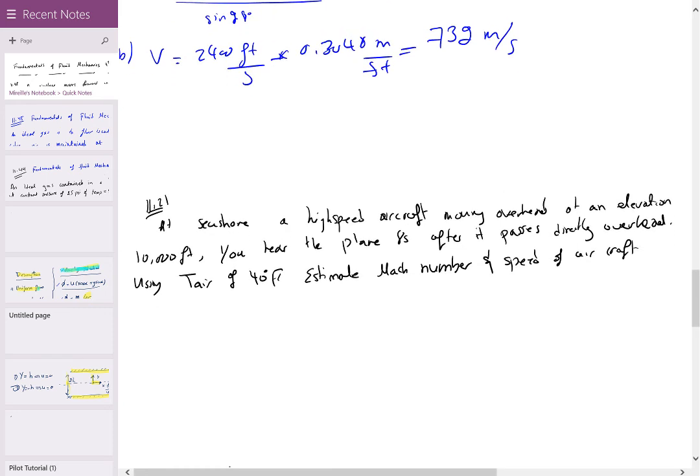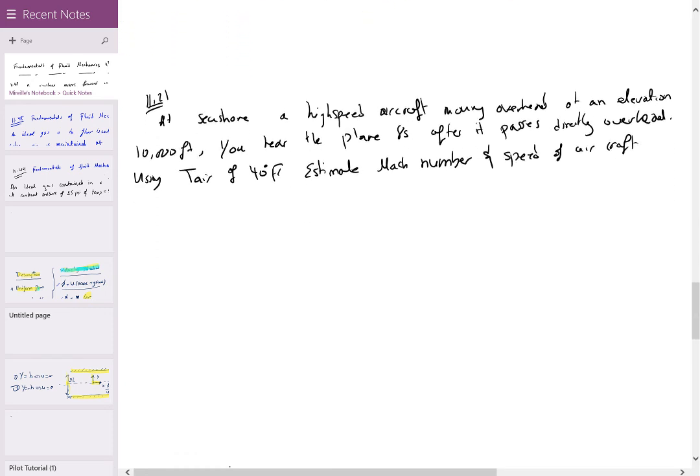Now another Mach cone problem. At the seashore, a high-speed aircraft is moving overhead at an elevation of 10,000 feet. You hear the plane 8 seconds after it passes directly overhead. Using a temperature of air of 40 degrees Fahrenheit, estimate the Mach number and speed of the aircraft. So we have an aircraft creating a Mach cone, and it's flying right overhead at this point.